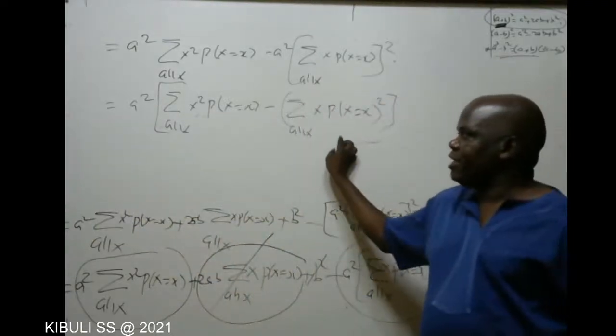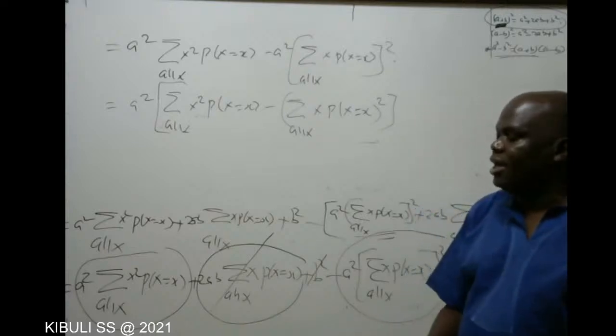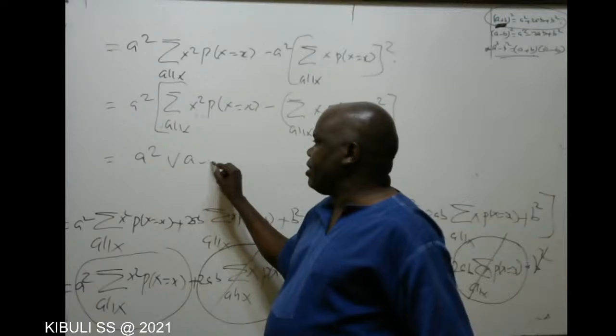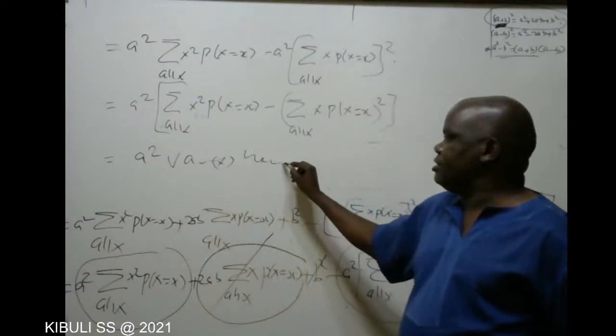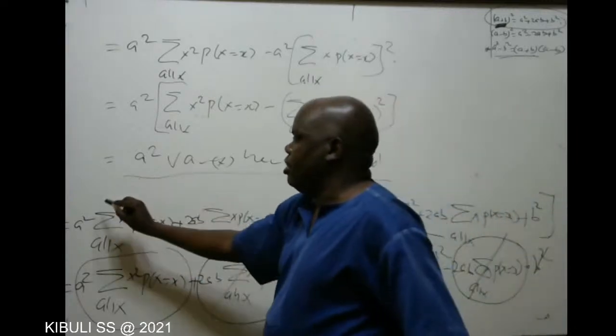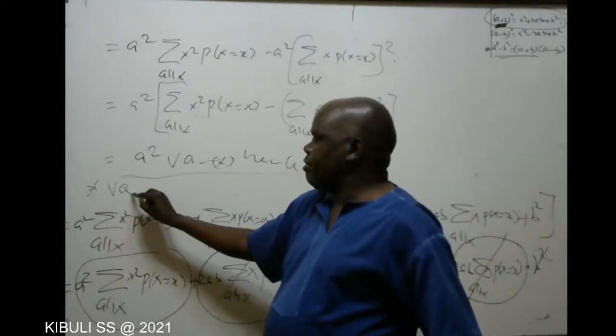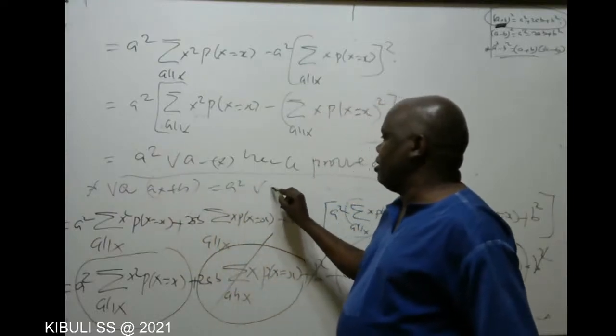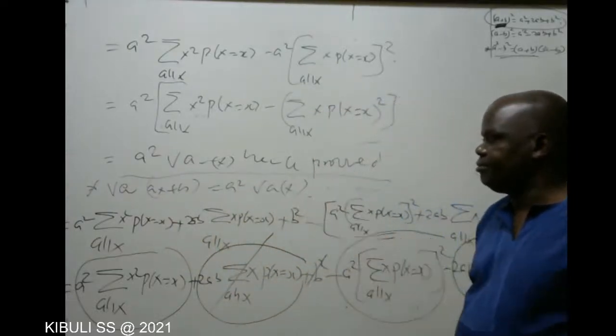The formula for the variance. This is the formula for the variance. And this will now be equal to a squared, variance of x. Hence, proved. So that's the proof for the variance of ax plus b being equal to a squared variance of x.